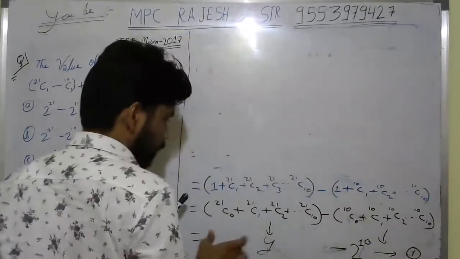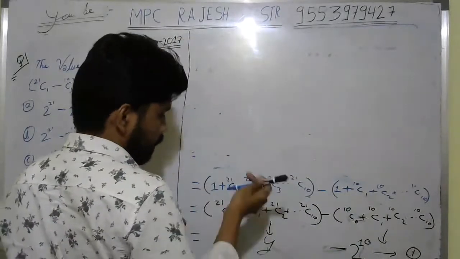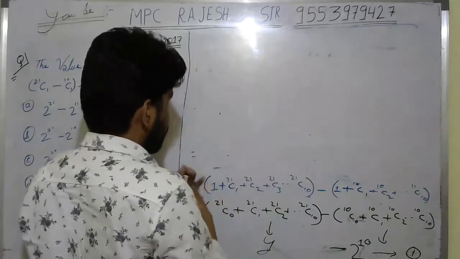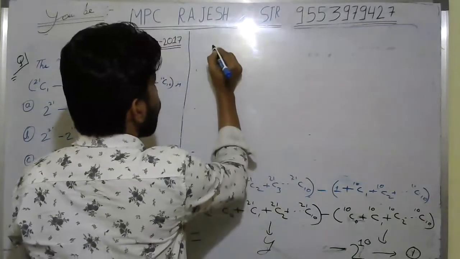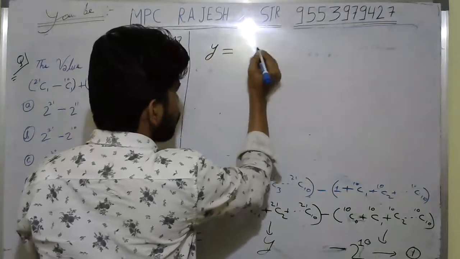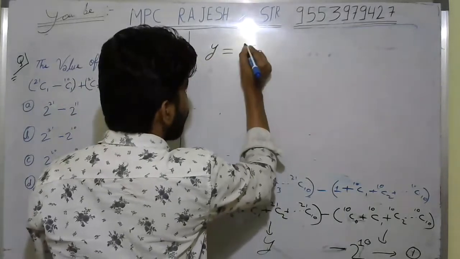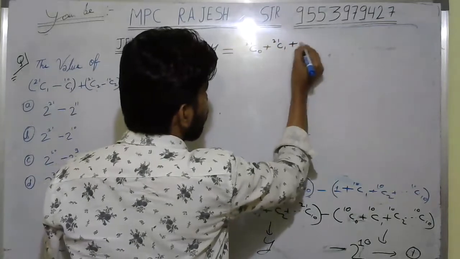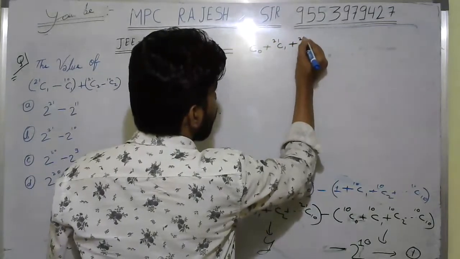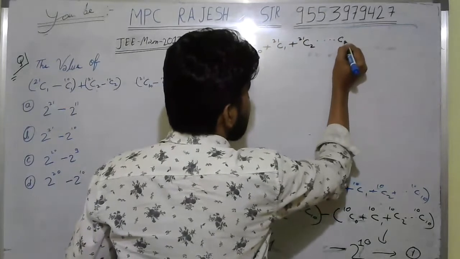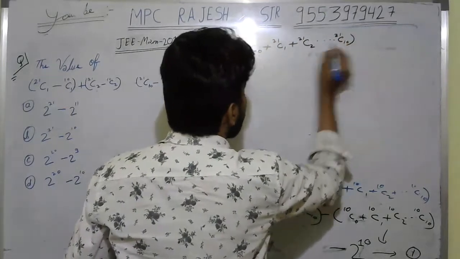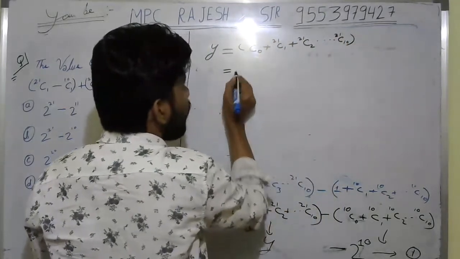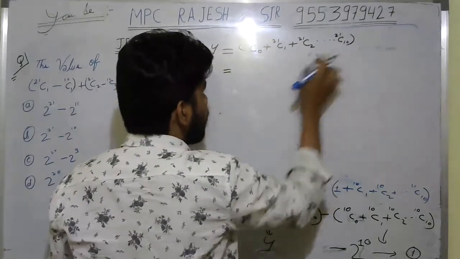Now we are taking y. How much is y? y is equal to 21C0 plus 21C1 plus 21C2 up to 21C10. What are we going to do here? 10 is here, okay.